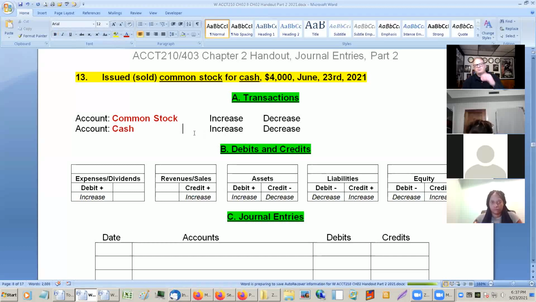Is it going up or down? I think it will go up. Yes, we now have more owners. We have $4,000 more owners. So the common stock will be increasing. We gave them the stock, and they gave us the cash. Probably why we sold the stock in the first place is to get money into the place. So the cash, is it going up or down? It will go up.